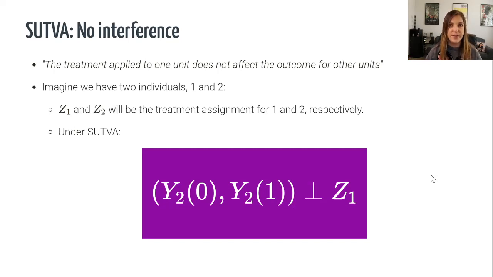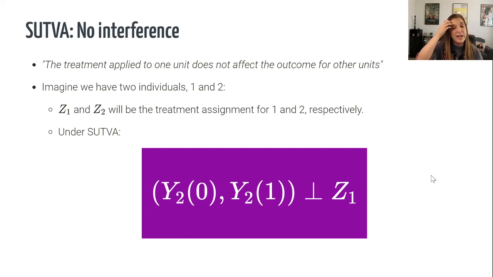So imagine that we have two individuals, 1 and 2. Z1 means whether individual 1 got the treatment or not, and Z2 whether individual 2 got the treatment or not. Under SUTVA, the potential outcomes of unit 2 are independent of the treatment assignment of the first unit.